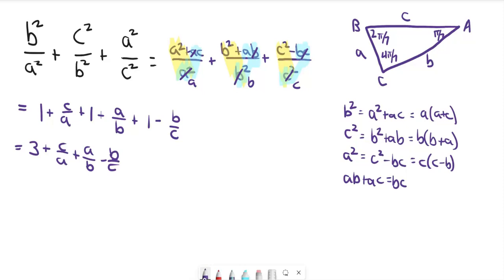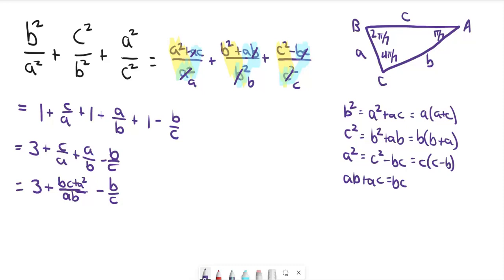Now, the interesting thing is, how do we proceed? Well, what I'm going to do is find a common denominator for the first two fractions, and you can see why I'm doing that. A times b is just ab. Now we cross multiply, the simplest way to do it. We get bc plus a squared, and minus our last fraction of b over c.